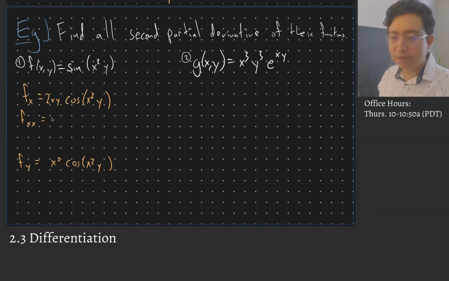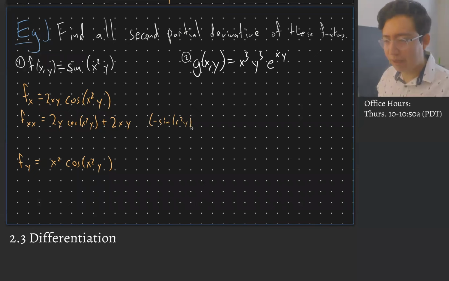So it's 2y cosine of x squared y plus 2xy times negative sine of x squared y times 2xy, right?